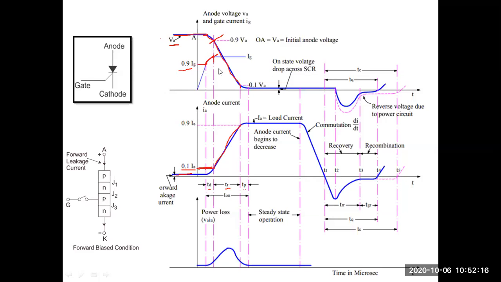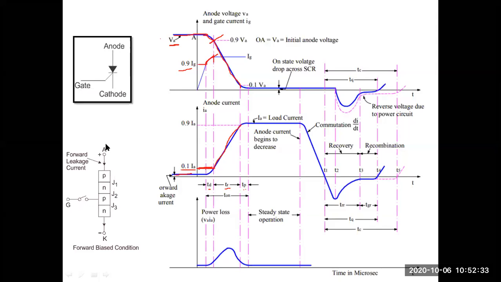Okay, so look at the first figure. When it reaches the rise time, the gate current is stopped. That means junction J2 is forward biased, so the maximum amount of current is flowing from anode to cathode.